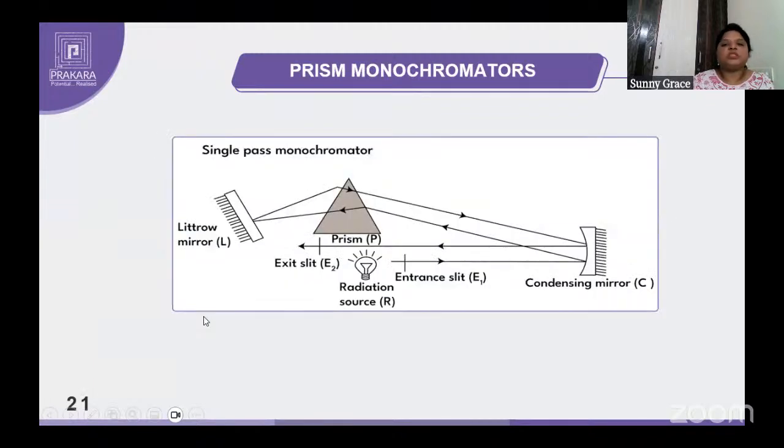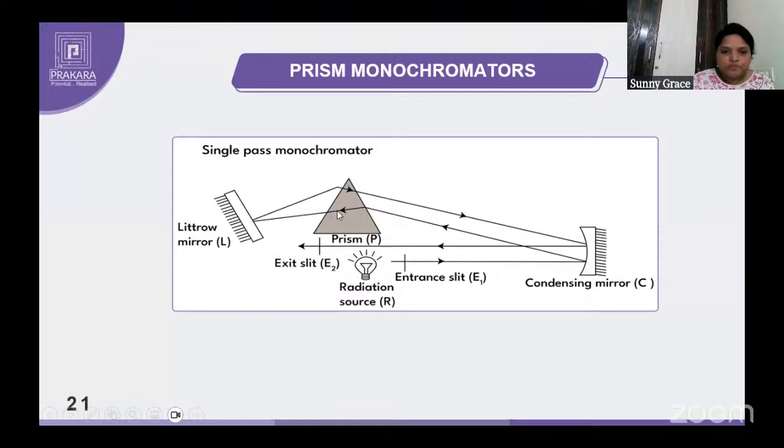This is the prism monochromator. In prism monochromators, we have two types, single pass and double pass. In this diagram, you are not able to see the sample solution. The IR light from the incandescent lamp reaches the sample solution, and the transmitted light comes out of the entrance slit and falls on the condensing mirror, which reflects it to the prism.